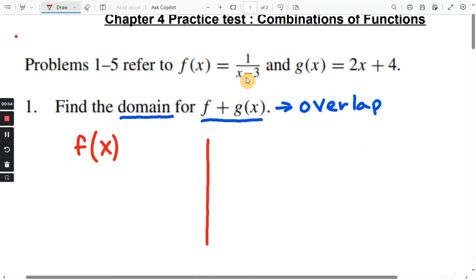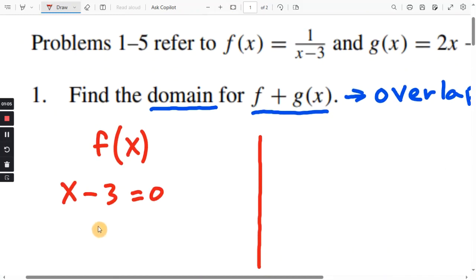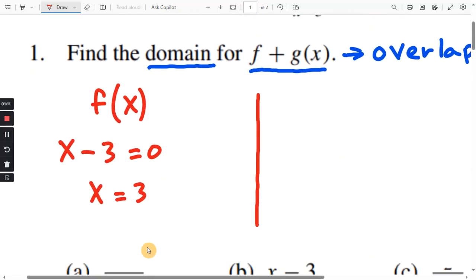The only restriction here is that the denominator cannot be 0. So if we do x minus 3 equals 0 and add 3 to both sides, that's going to be x equals 3. But we said the denominator cannot equal 0, so basically x cannot equal 3.